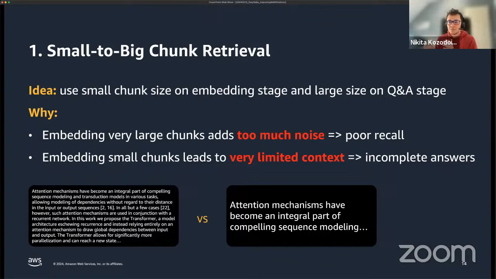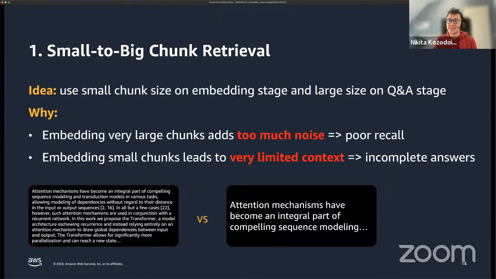On the other hand, if we do it on a sentence level or maybe 2 or 3 sentences, we will probably get this chunk if it talks about attention when we also ask about attention. So we will probably have a very good recall. The problem is that given these 1 or 2 sentences, if we provide this as notes to our language model, it will not be able to formulate a very good answer.